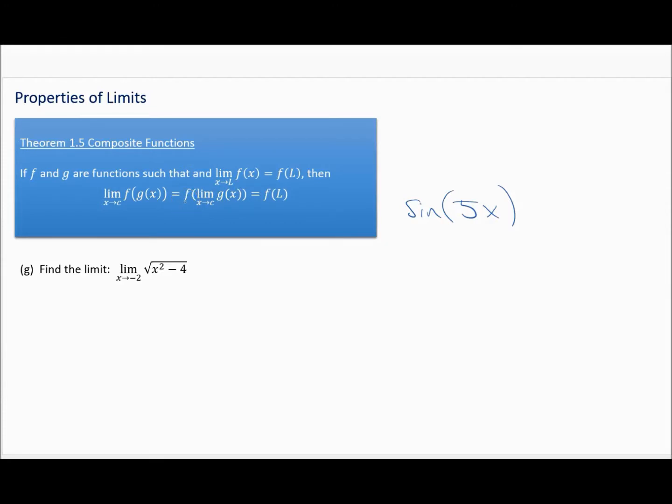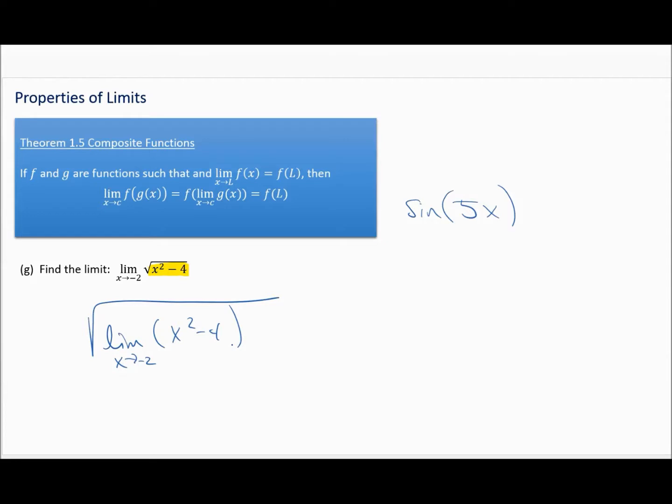So the question here is, when we look at this problem right here, the question really to you is, are we allowed to take the limit as x goes to negative 2 of x squared minus 4? And I'll write down exactly what I'm saying. So, am I allowed to put the square root on the outside and take the limit as x goes to negative 2 of x squared minus 4?